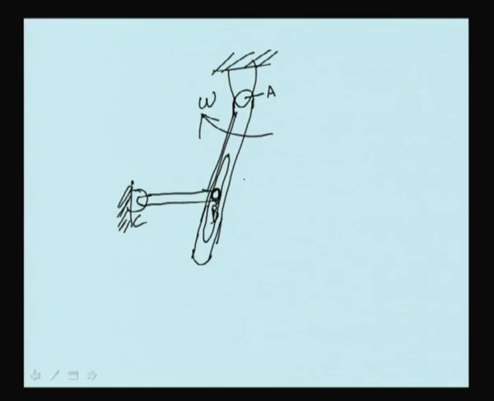In this case, you can attach one axis system on this rod, which is rotating, and then you can have VB equal to VA, which is 0, plus omega cross R plus VL.